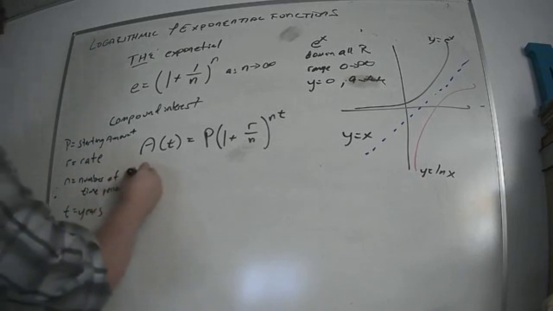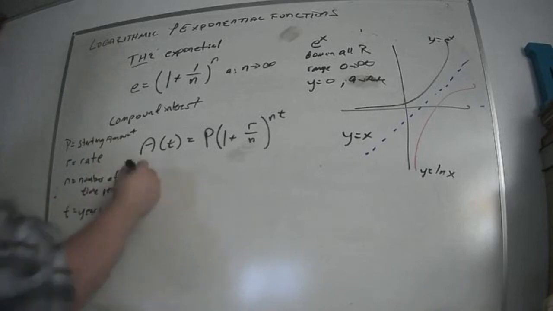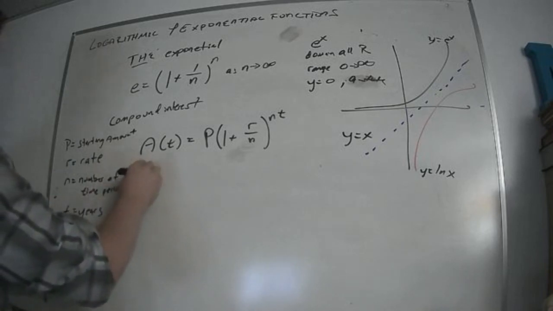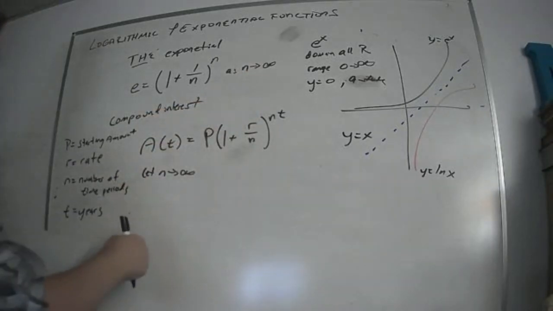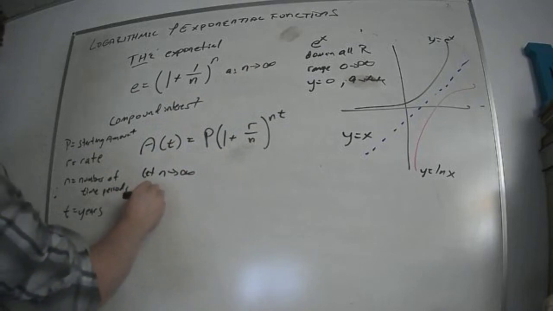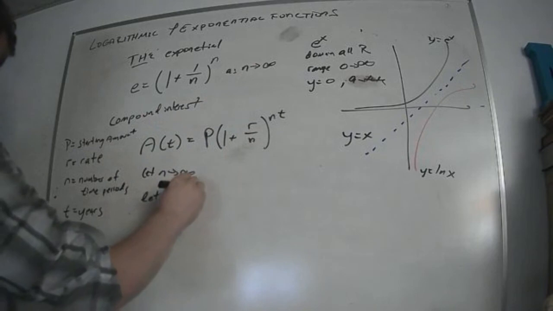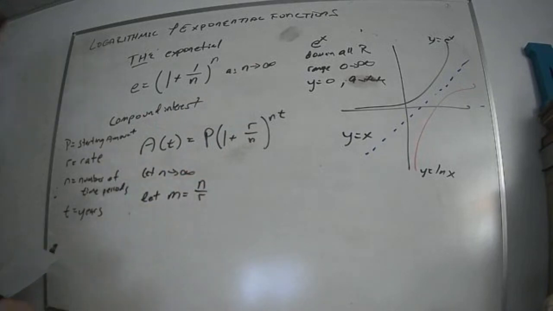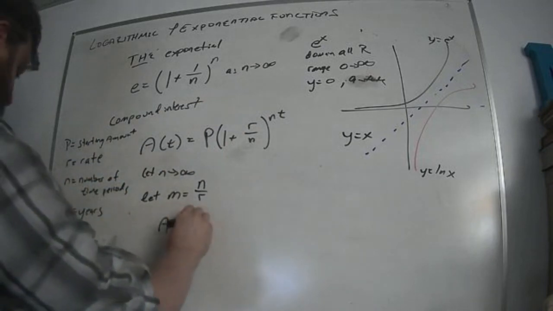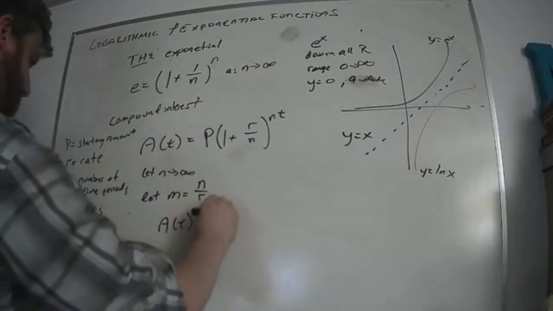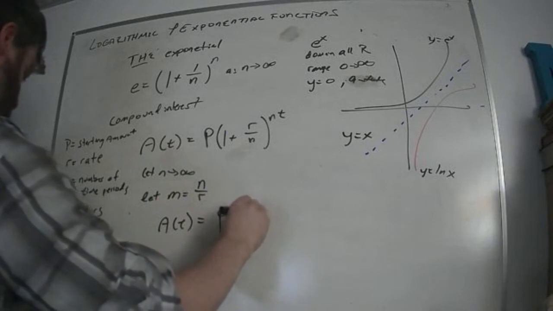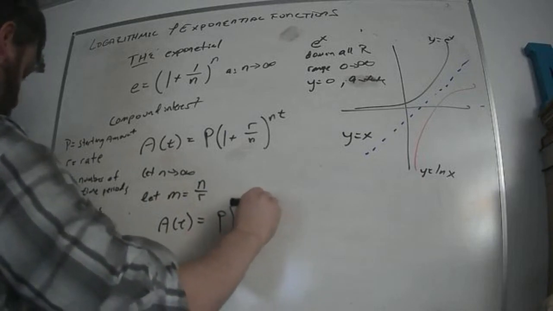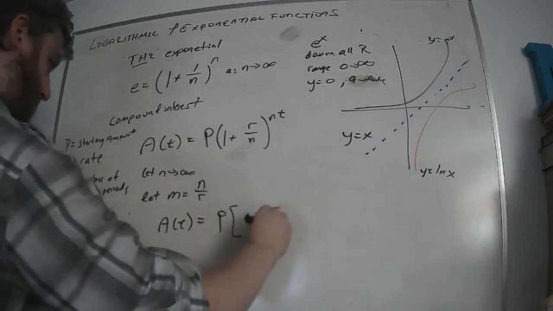Now, if we want n to get very, very large, that is to say, we want to let n go to infinity, and we want to make our lives a little bit easier and let m equal n divided by r, we can rewrite the equation as A of t equals the principal times the factor 1 plus r over n.